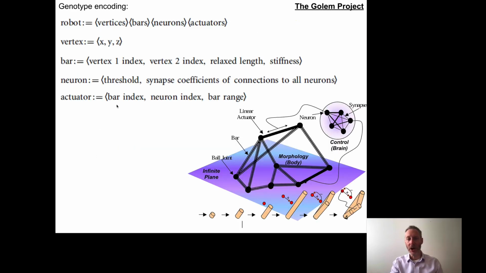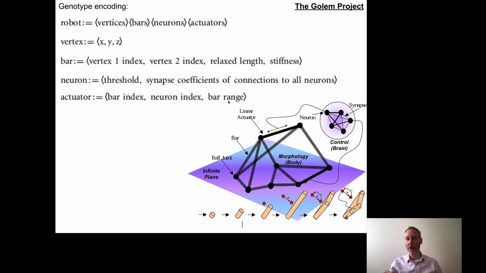Okay, so that's the bar index, and then there's also a neuron index. So an actuator requires an input signal. The actuator needs to know how much force to apply. The actuator knows how much force to apply by getting that value from a motor neuron. So these wavy lines here, these are represented by the actuators here. They connect a neuron in the neural network to an actuator embedded in a bar of the robot's body.